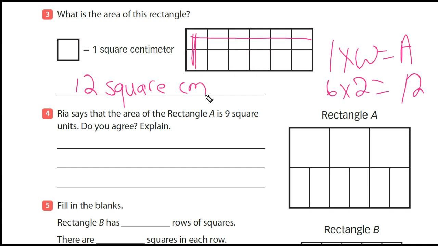But look at number 4 though. It says Rhea says the area of rectangle A is 9 square units. 1, 2, 3, 4, 5, 6, 7, 8, 9. Is she right? No. Why isn't she right? They're not all the same size. Could she have done this?